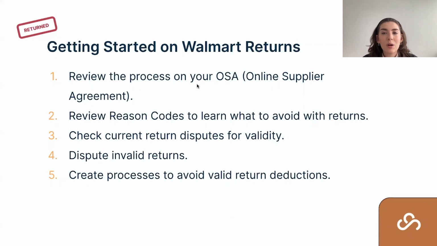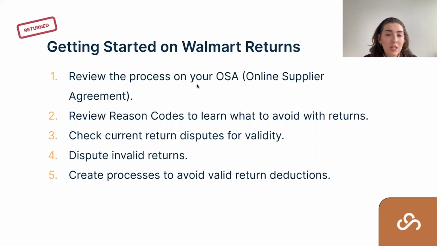What does that stand for? Why might I be getting this code? How to prevent it? And how do I know if this is disputable or not? So go ahead and review the reason codes, especially for returns, in that document, but we're also going to send out this slide deck and go over some of the high level details on the return reason codes. So stay tuned for that.